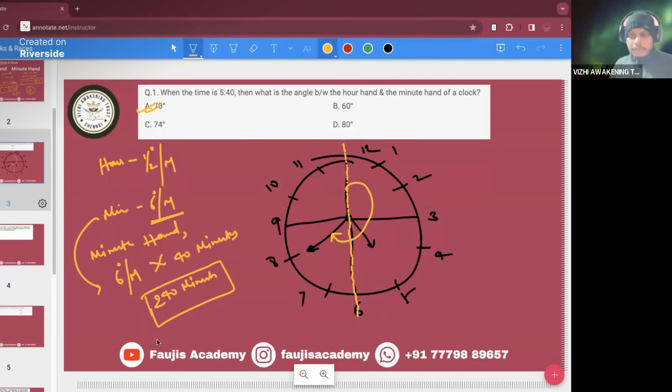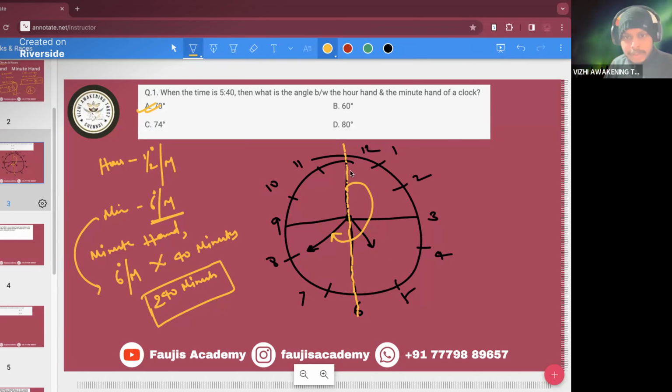Now comes the actual picture. If you have ever seen a clock, you will realize that when it is exactly 5 o'clock, the smaller hand, the hour hand, is at 5 and the bigger hand is at 12. At this point only it will be exactly at 5.